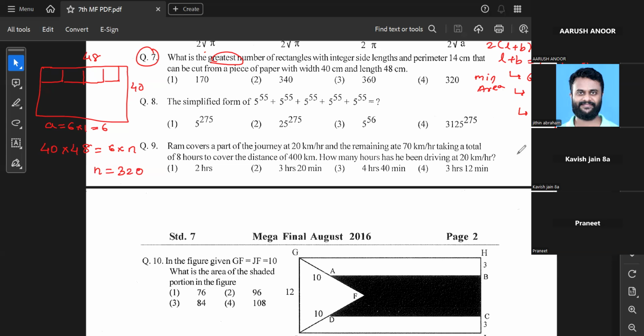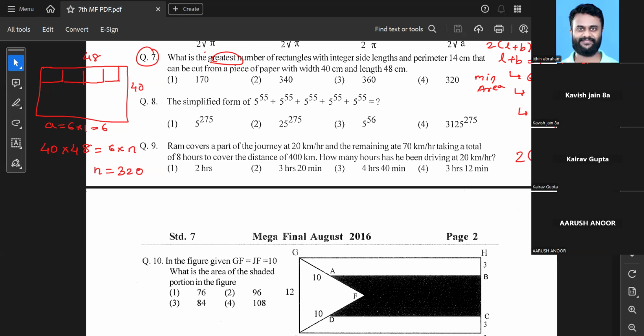For example, just for example, if the perimeter was 20, then length plus breadth would have been 10. Then the possibilities would have been 9 plus 1, 8 plus 2, 7 plus 3, 6 plus 4. 5 plus 5 I won't consider because that is not a rectangle.